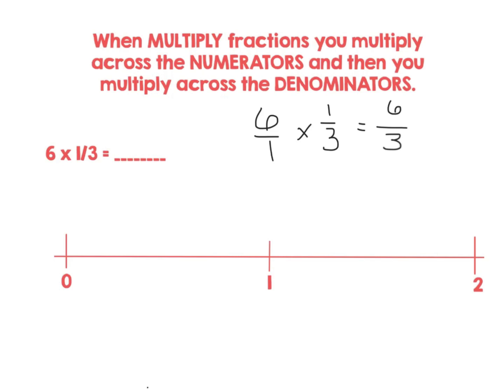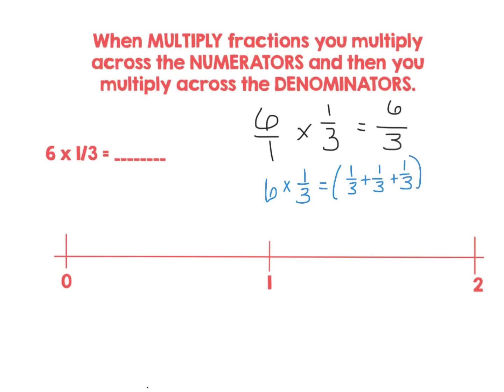So now I need to find out how I can represent this on a number line. This equation can be represented in another way. So I could actually say that I'm going to use a different color just so that you can tell which part of each equation I'm representing. That 6 times 1/3 is the same as 1/3 plus 1/3 plus 1/3.